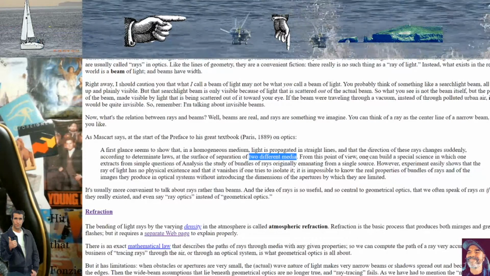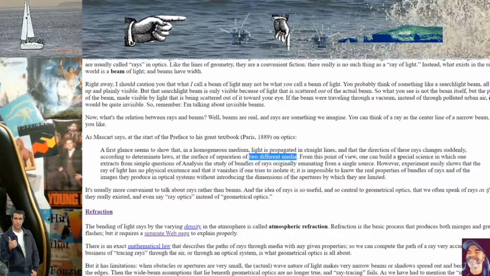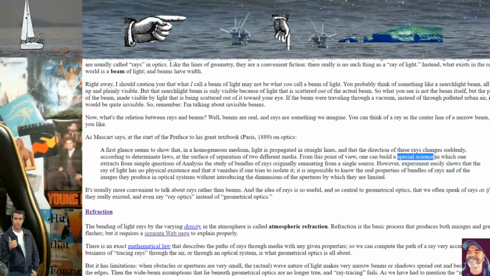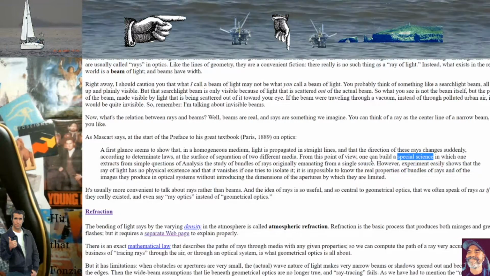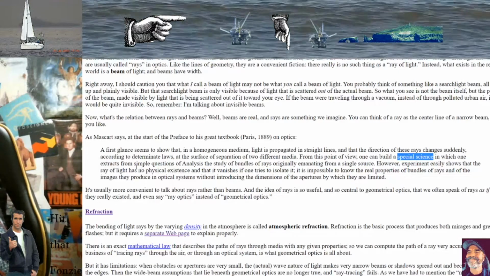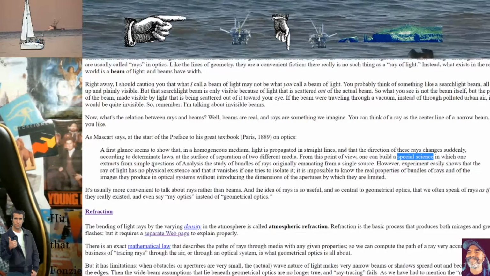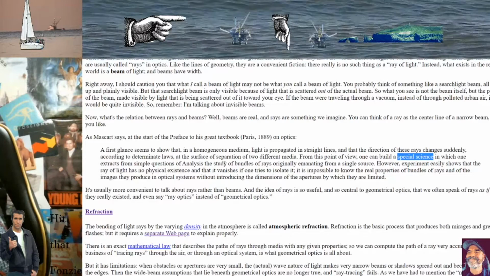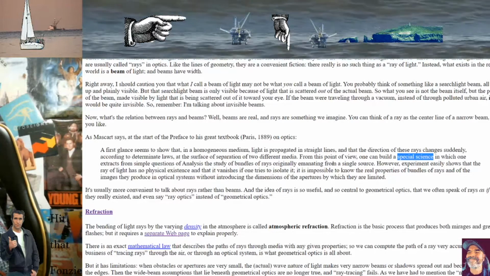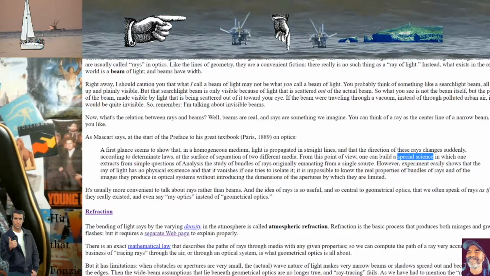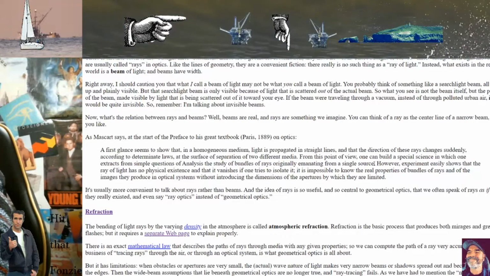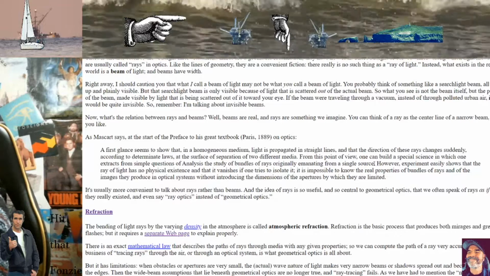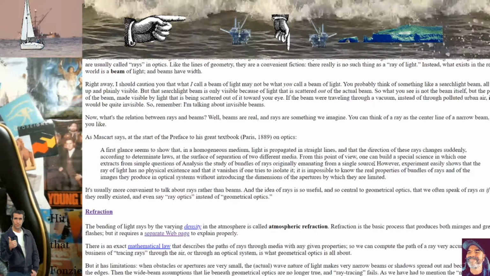"From this point of view, one can build a special science." A special science. That's called pseudoscience. "One can build a special science in which one extracts from simple questions of analysis the study of bundles of rays originally emanating from a single source. However, experiment easily shows that the ray of light has no physical existence."